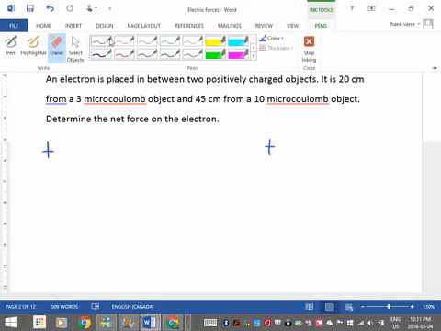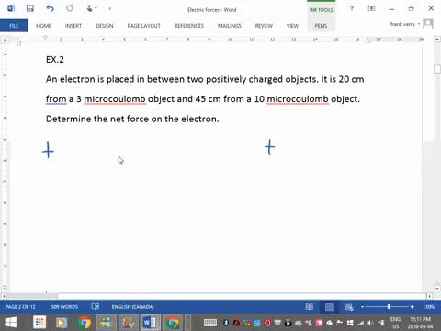Okay. So it's 20 centimeters from, imagine this is the one that's 3 microcoulombs. That's a symbol for micro. And this is 10 microcoulombs.